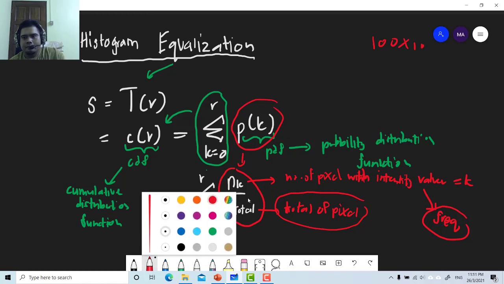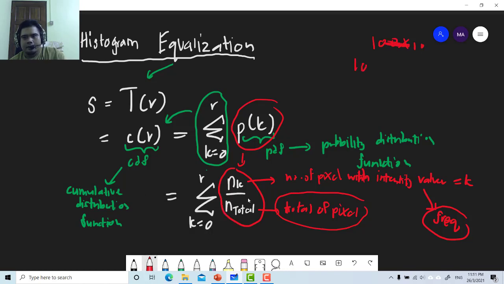Okay, sorry. 100 times 100 is the spatial resolution, or the size of the image. The size, not the size in the memory, is the size of the matrix.